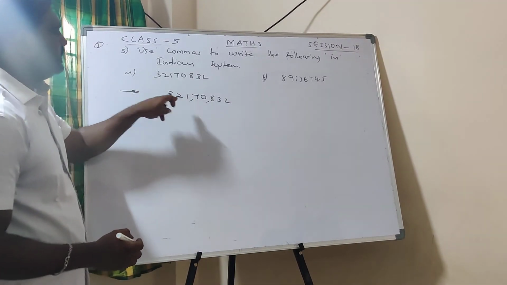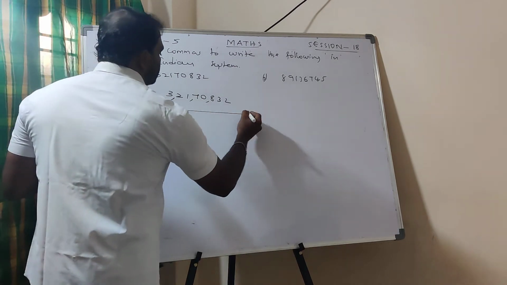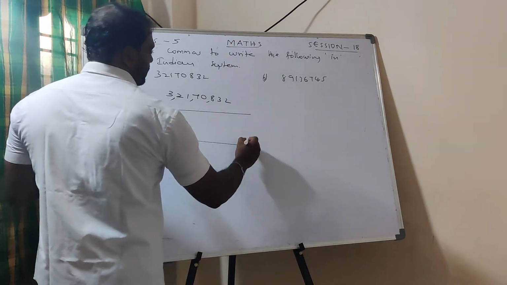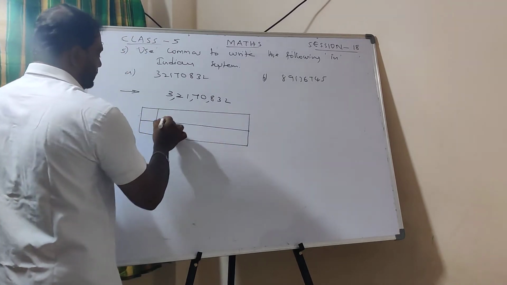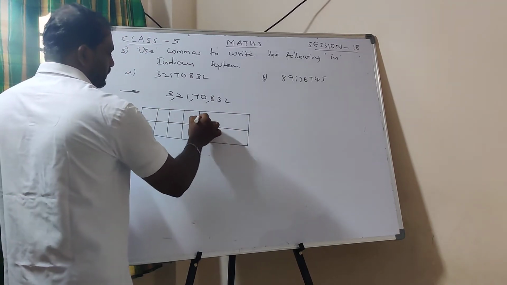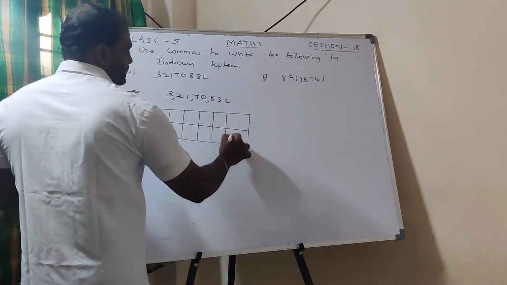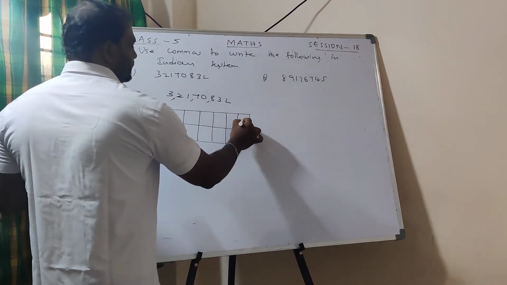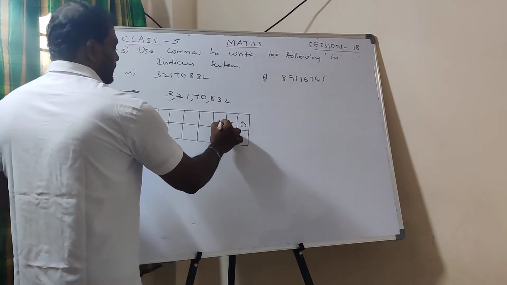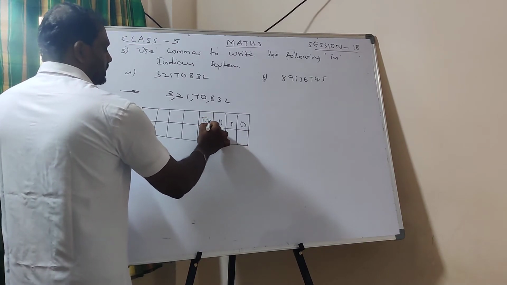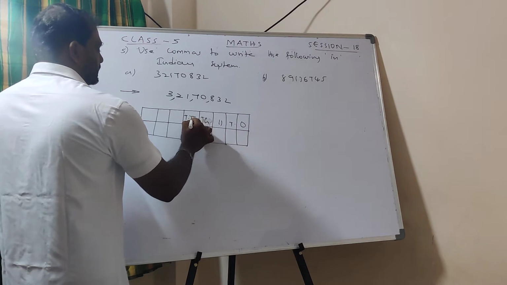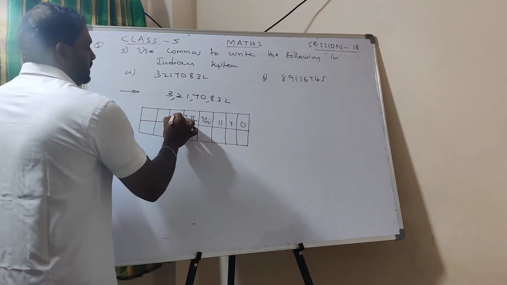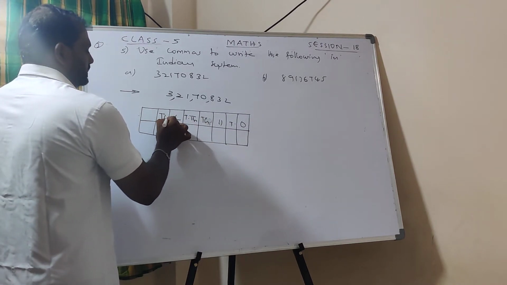Take a box and make it into 8 parts: 1, 2, 3, 4, 5, 6, 7, and 8. After this, ones, tens, hundreds, thousands, ten thousands, lakhs, ten lakhs, and crores.